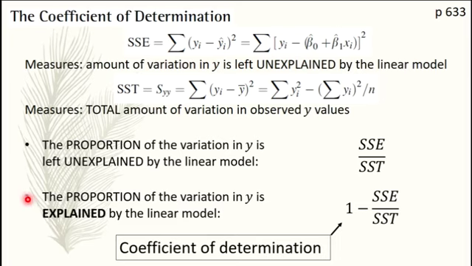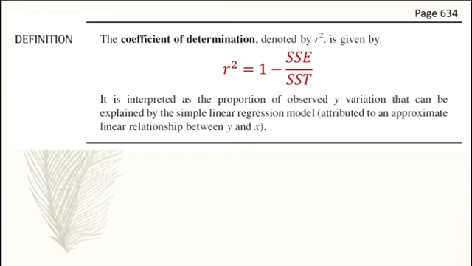And this is exactly the interpretation. So if ever you're asked in a test or an exam to interpret the coefficient of determination, you're going to say that it is the proportion of variation in y that is explained by the linear model. The formula is given on page 634, and we usually denote the coefficient of determination by r squared.